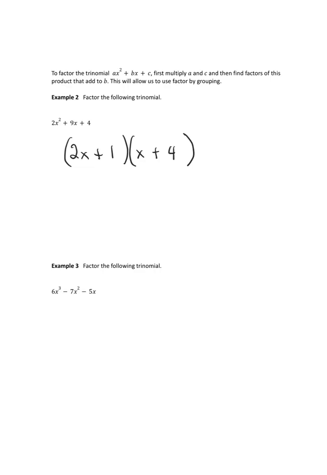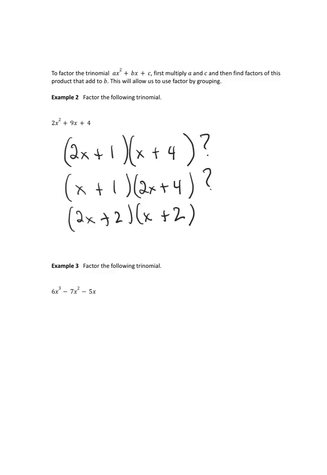But without working that out, let's think of some of our other guesses. This could have been x plus 1 and 2x plus 4. You see how some of those numbers, I'm going to put question marks here, that might have been the configuration. However, you could have gone still 2x and x, but then instead of plus 1 and plus 4, you might have had a plus 2 and a plus 2.